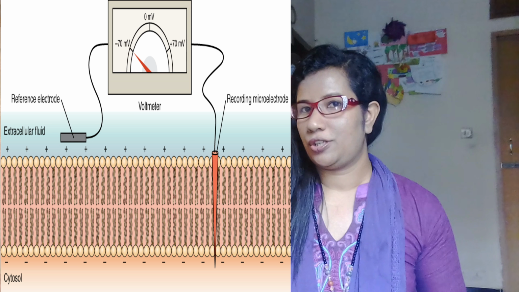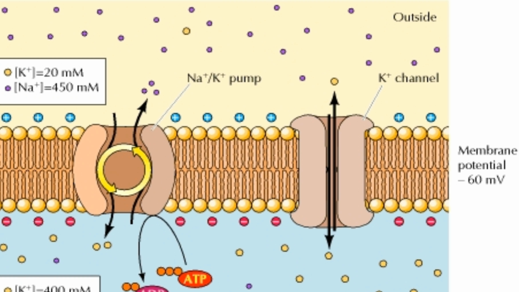The sodium-potassium ion pump continues to pump sodium and potassium, and this helps to maintain the distribution of sodium ions and potassium ions across the membrane, so that many more action potentials can occur.